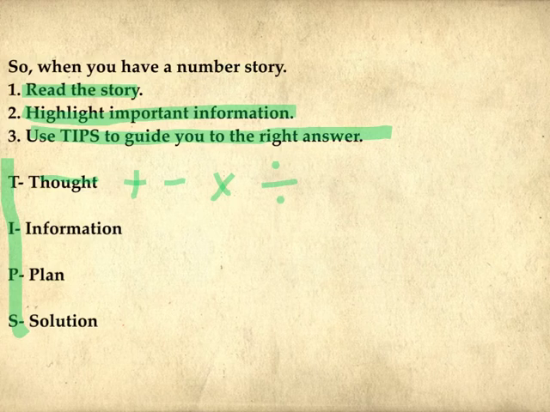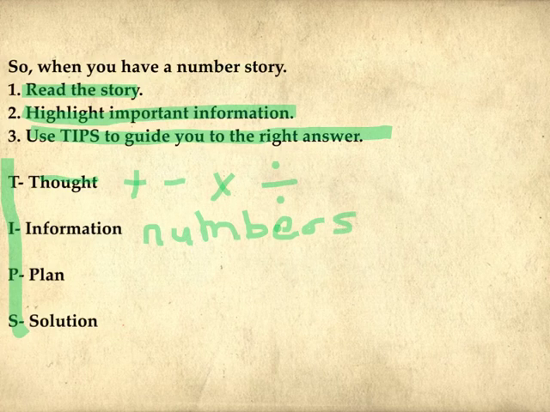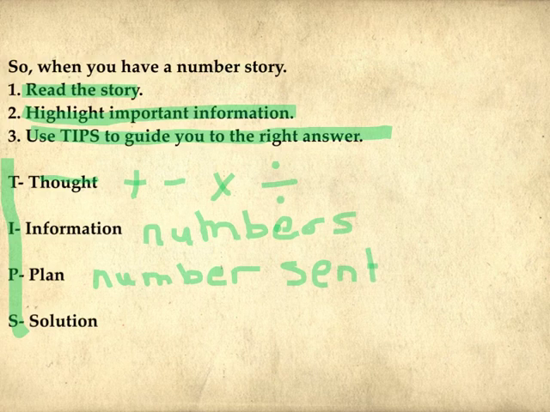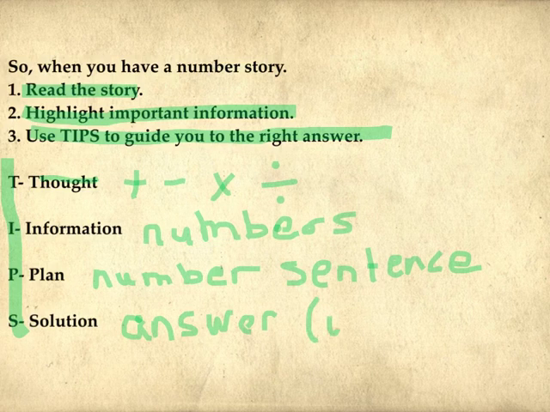The information is what numbers do I need to solve the problem. The plan is the actual number sentence. And the solution is simply, what is the answer, including units.